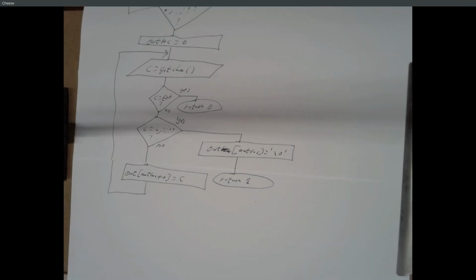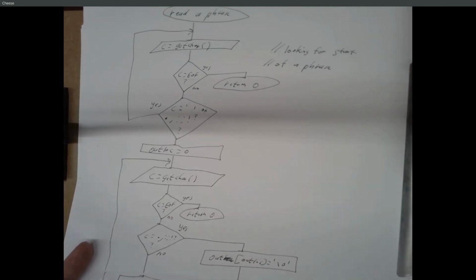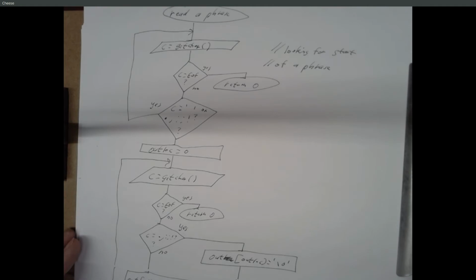Yeah. So at the beginning you said c equals get char. And then after the count notation equals 0, you do the c equals get char again. So it's the first get char ends at the letter, then it will go down.